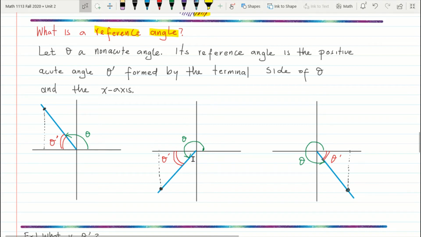So whenever we solve something like sine of theta, here we would say sine of theta is going to be opposite over hypotenuse, right?